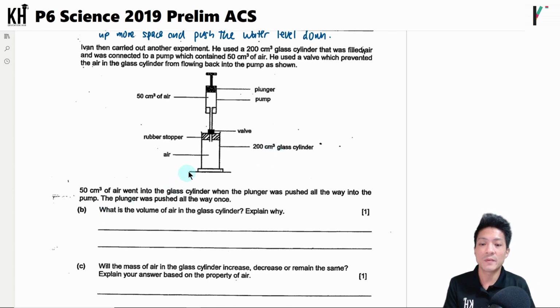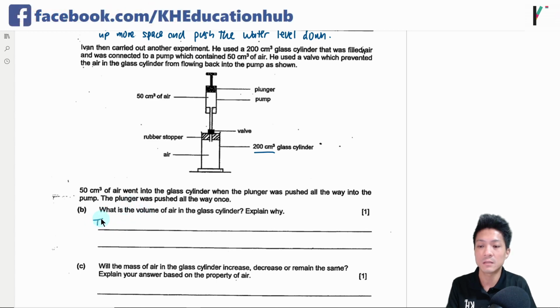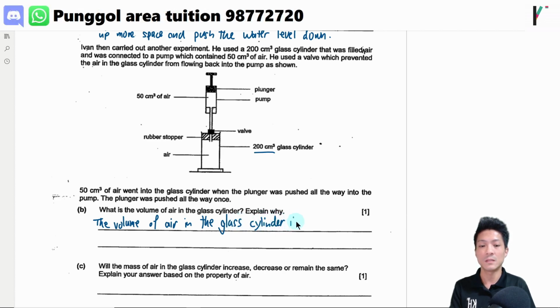Okay, in this case, the volume of air in the glass cylinder will still be 200 cubic cm. The reason is because air can be compressed and air does not have a definite volume. So the volume in the glass cylinder is 200 cubic cm.